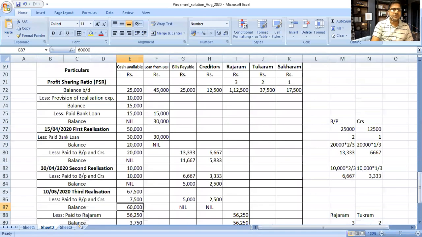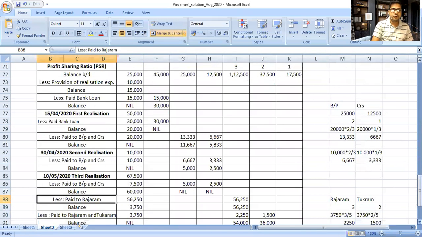Now friends, we have a balance of 60,000. From this we paid Rajaram 56,250. So in this column we deducted 60,000 minus 56,250, and we deducted 56,250 from Rajaram's adjusted capital.